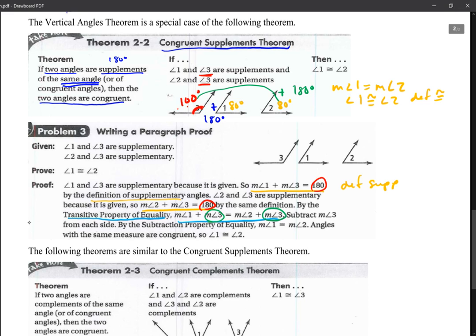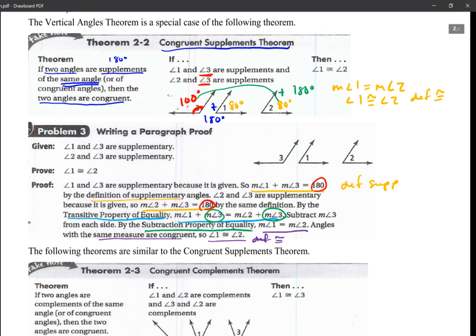I'm just going to use the subtraction property of equality. And what am I going to be left with? I'm going to be left with the measure of angle 1 equals the measure of angle 2. And by definition of congruence, right? Angles with the same measure are congruent. That's just the definition of congruence, that my angles are congruent.